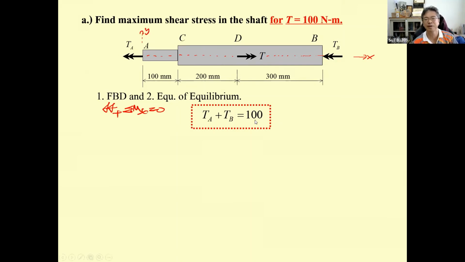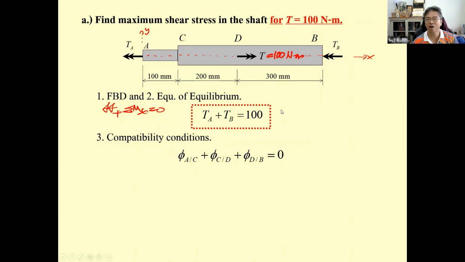T sub A plus T sub B equal to T, which is going to be 100 Newton meter. Then the compatibility condition. This one is similar to the first slide for this portion of the lecture.